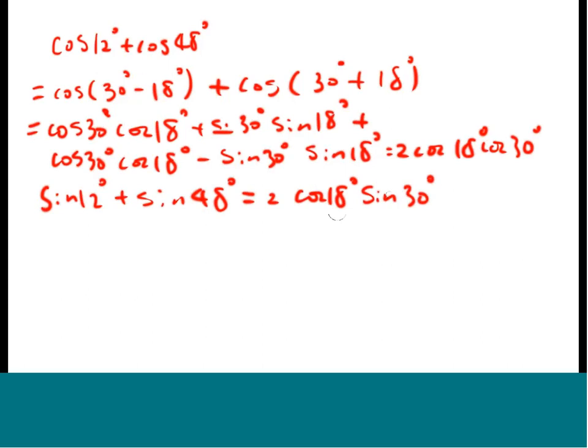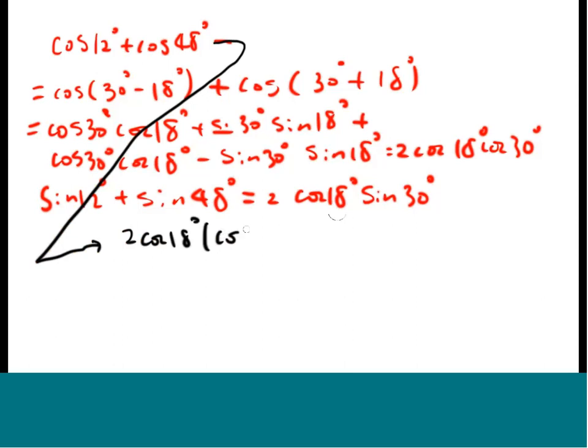So then the original one is going to be equal to twice cosine 18, then cosine 30 plus i sine 30, which equals twice cosine 18 times e to the i pi over 6.